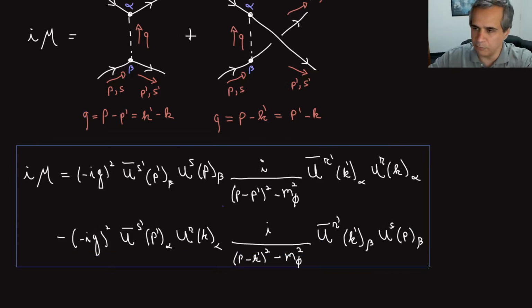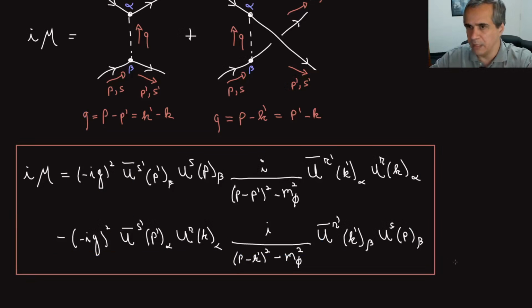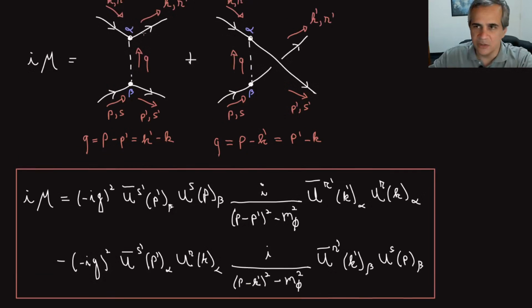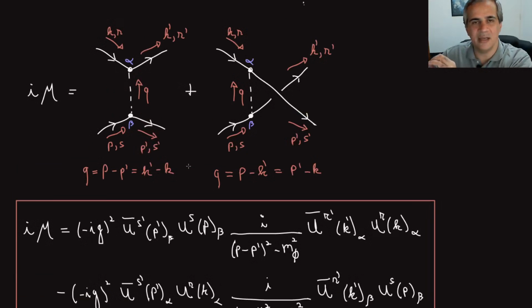Now, I want to make a few considerations, right? The first one is that since I'll try to compare this with quantum mechanical scattering, right? I want one of these guys to be a scattering center.